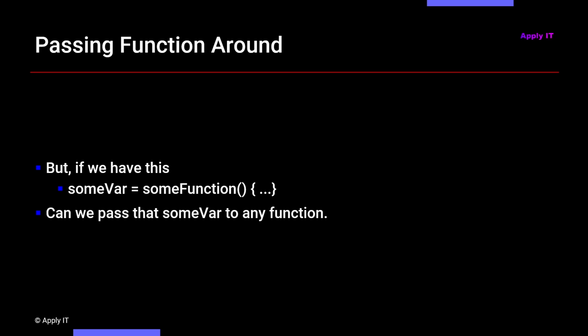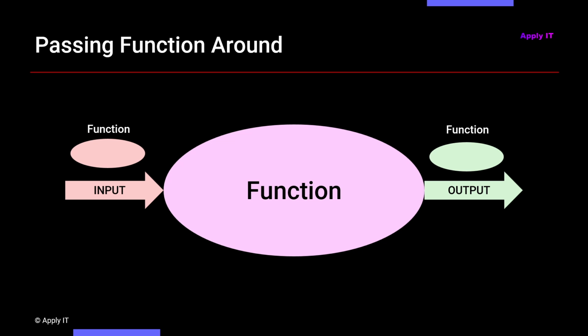And if we can do this, then can we pass that value or that variable as an input to some function? So can I do it like this? We have a function which takes another function as an input, and that function is returning some function as output. So this is called passing a function around.